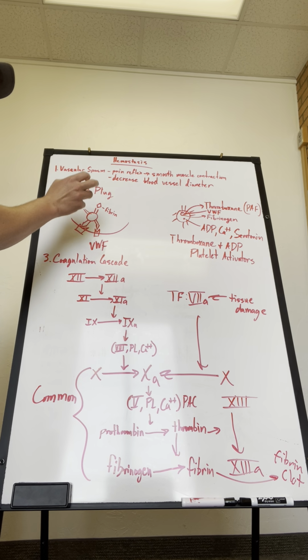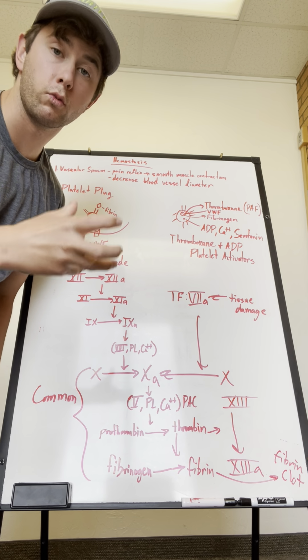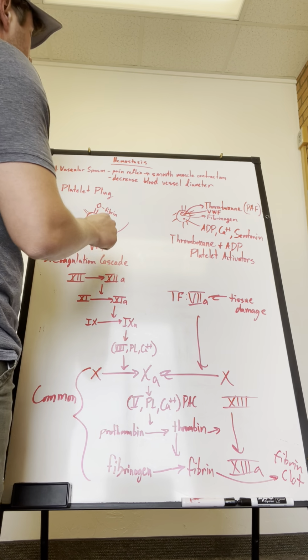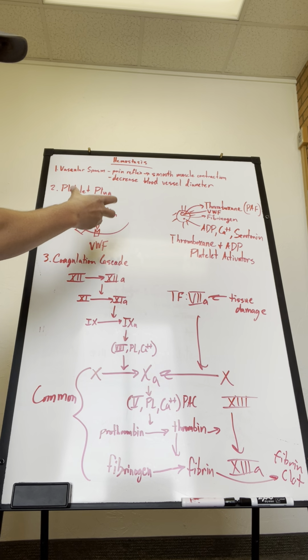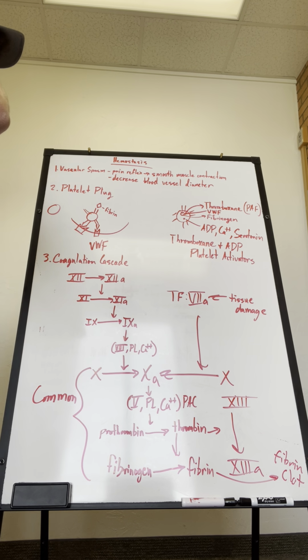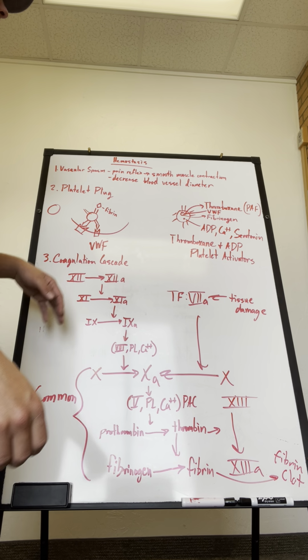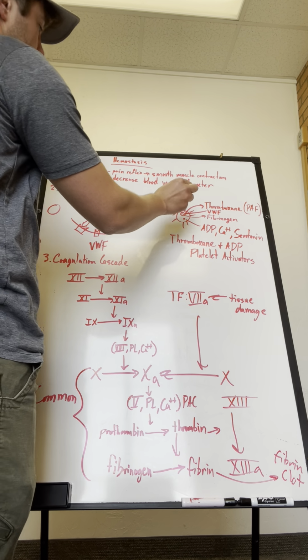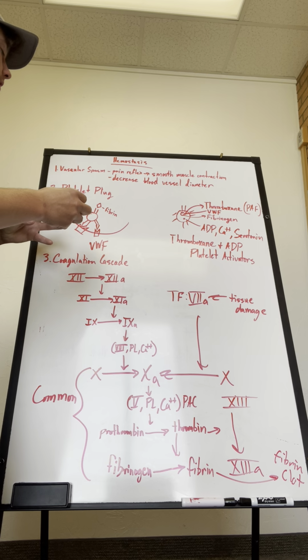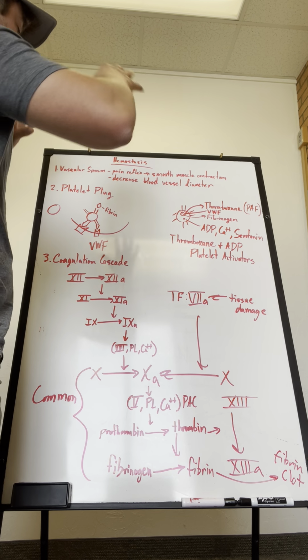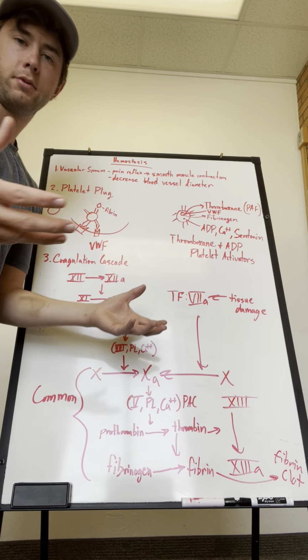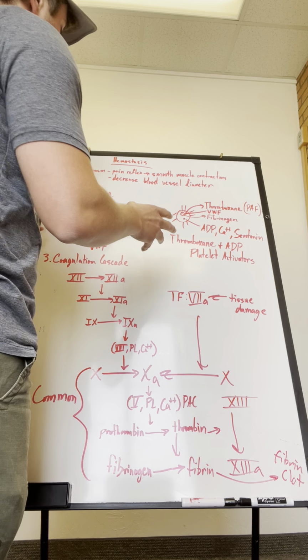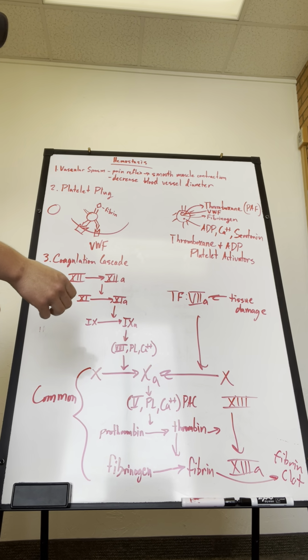And on this platelet we have von Willebrand factor receptors. Once we've bound to those receptors, a couple things are going to happen. We're going to release a couple things inside of the cell that will affect more platelets aggregating around this clot and creating this platelet plug.